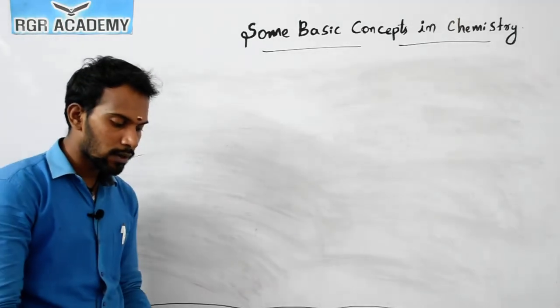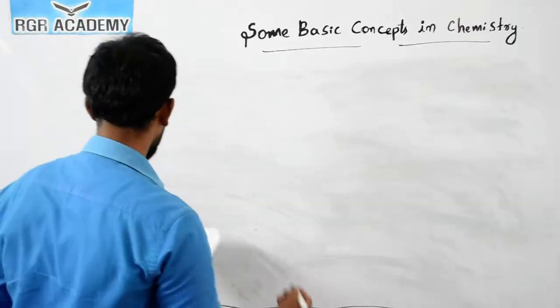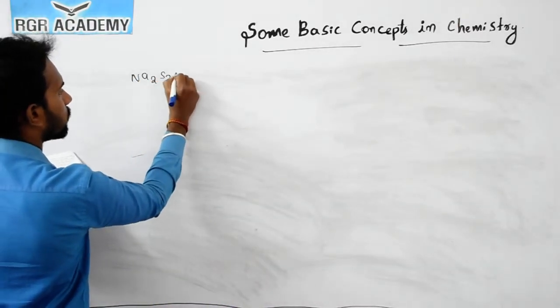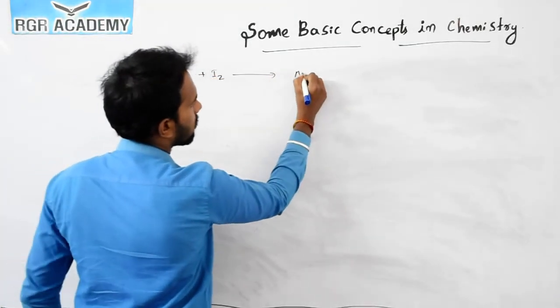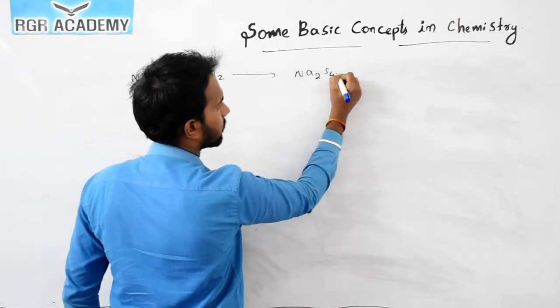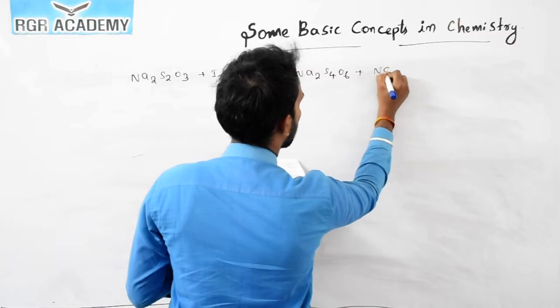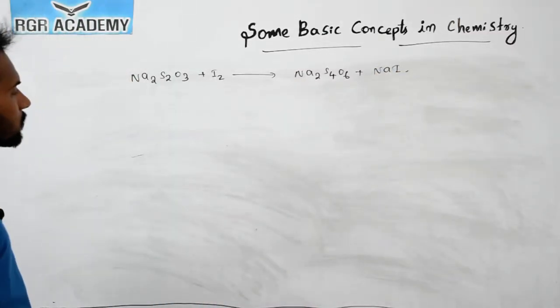Now the question number 61, the equivalent of Na2S2O3. When it reacts with iodine, it forms Na2S4O6 plus NaI. So what's the valency of this?